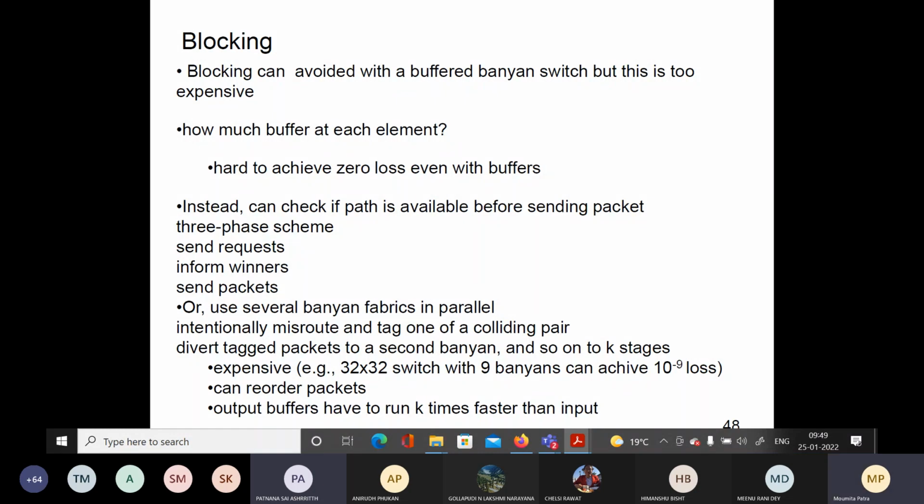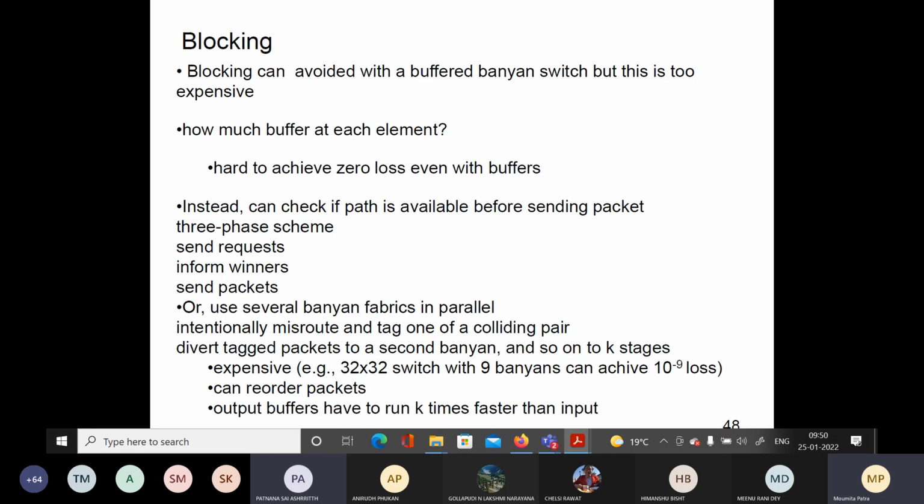So what can we do? Instead, you can check how the input is arriving, and you can make changes in the input itself, so that if there is a contention, they will avoid the amount of contention, like we have already studied in circuit switching.